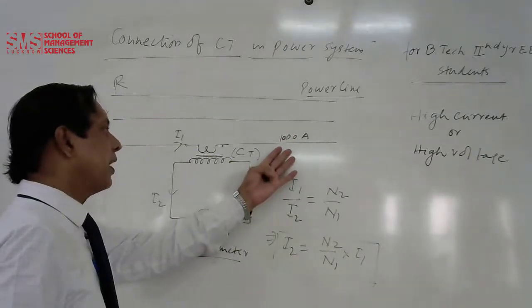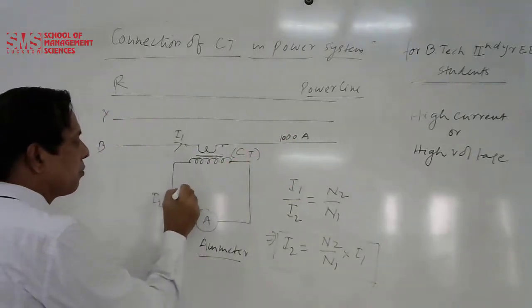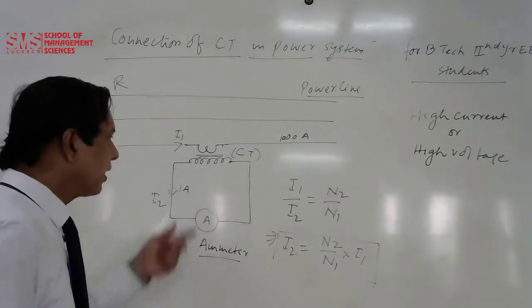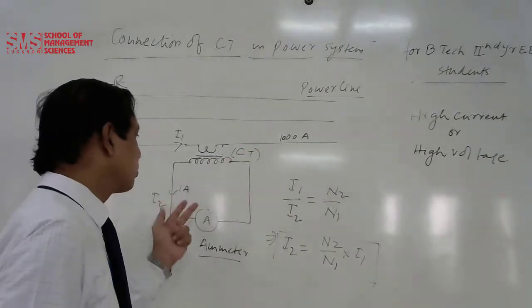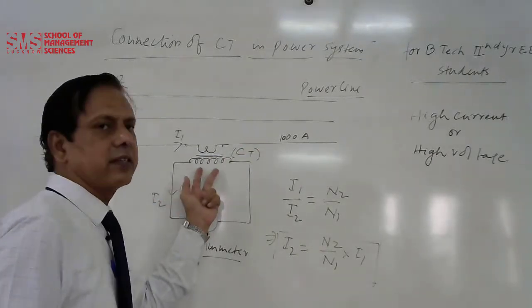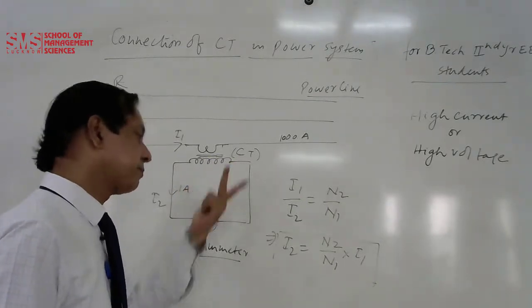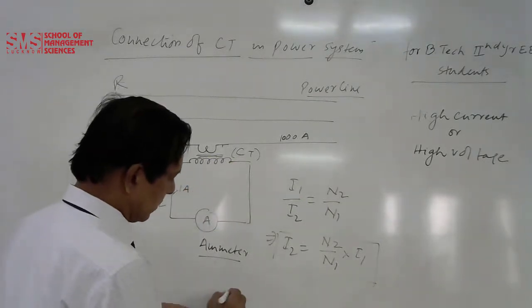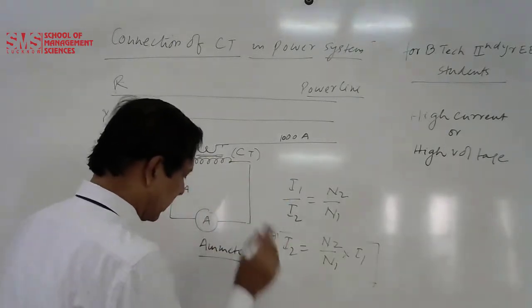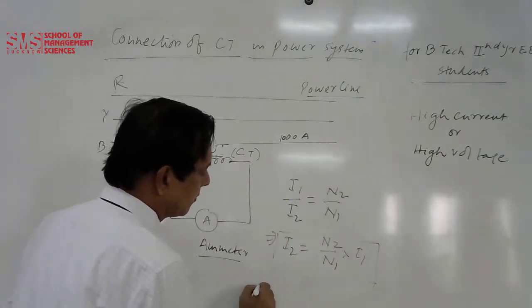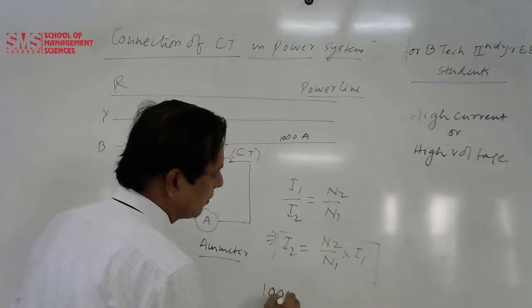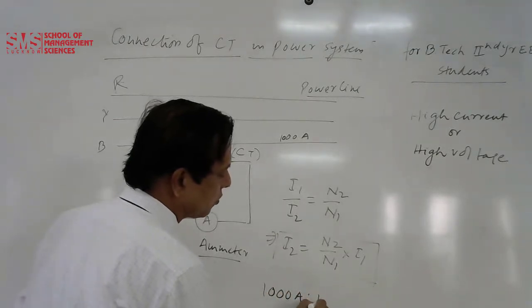This 1000 ampere has to be reduced down to say 1 ampere. So accordingly, we have to provide the number of turns in the secondary winding. This particular arrangement of the current transformer is said to be 1000 ampere to 1 ampere.